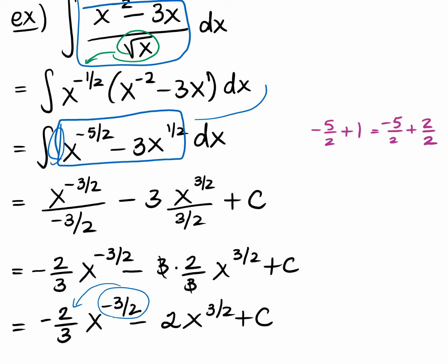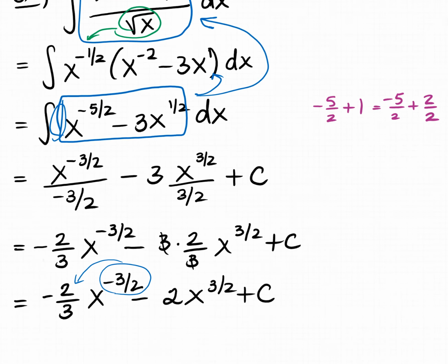To get it all the way back to this guy right here, you would have to go back to this step. So sometimes when you take that derivative, it doesn't hit you in the face as much as some of the other ones, because if you have to do algebraic manipulations, it might not be as easy to see that that was the original integrand that you started with.